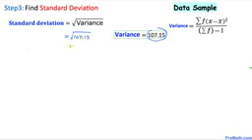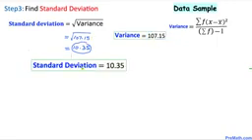We're going to take the square root of that to find the standard deviation. If we take the square root, that's going to be 10.35. So thus our standard deviation turns out to be 10.35, and that is our final answer.